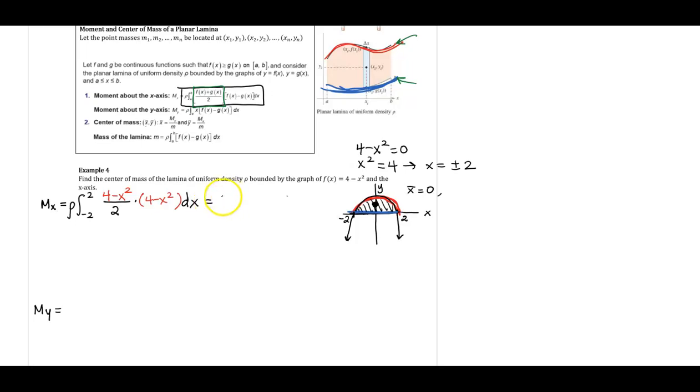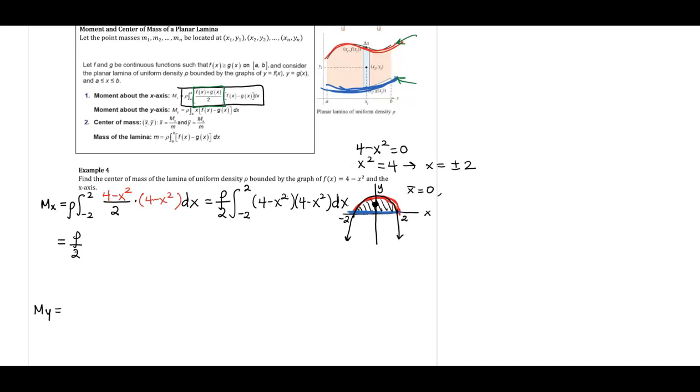We can simplify this by bringing out the constant of 1/2 from the division by 2 in the denominator, and then we are left with integrating the product of 4 minus x squared times 4 minus x squared. That would need to be FOILed out before the power rule for integration can be applied.